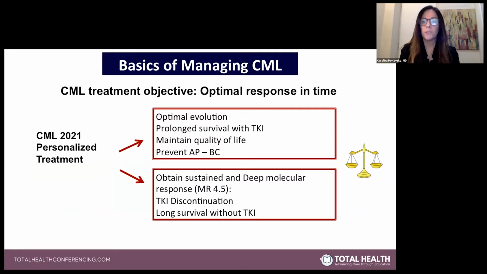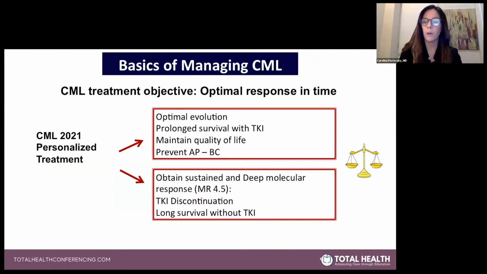The principal objectives in CML are to obtain an optimal response in time. And it's very important to personalize treatment and to select the treatment for the patient at diagnosis. So one of the options is to think about what we want when we select the TKI.